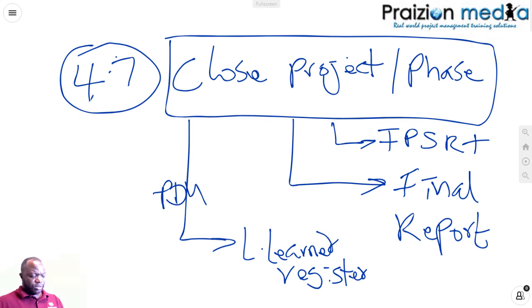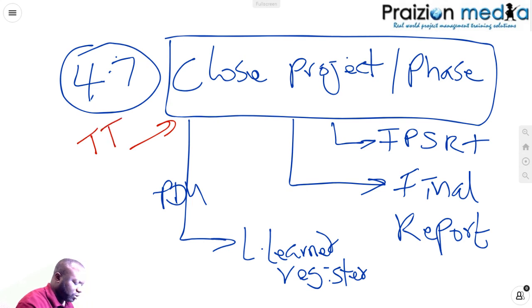So that is close project or phase for the most part. There are some interesting analyses used here as tools and techniques. So I just say watch out for the tools and techniques. You've got regression analysis, trend analysis, variance analysis, document analysis. These are all used, of course, to generate that final report and a general understanding of where everyone is on the project. And that, to be honest, is pretty much it.